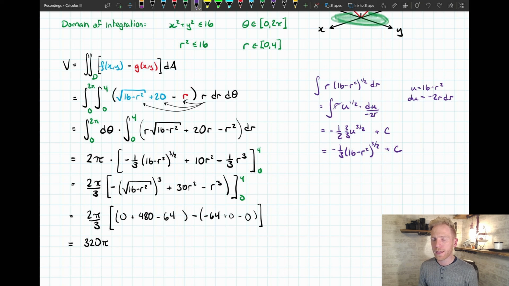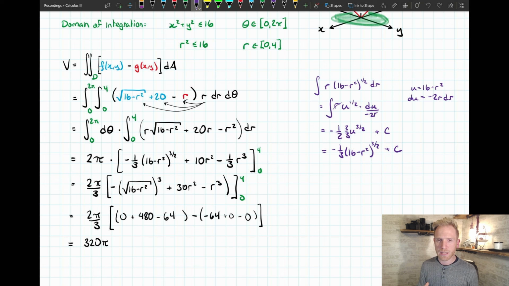Now keep in mind that in this particular example, we have a top surface and a bottom surface, and our domain of integration was pretty easy to find because we were forced to be within these cylindrical walls. It may be the case that we're trying to find the volume of some kind of solid that is defined as a top and bottom surface that intersect each other.